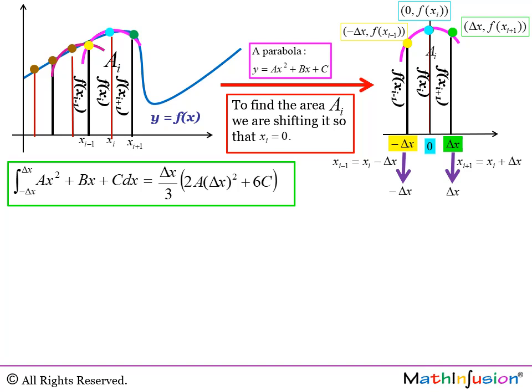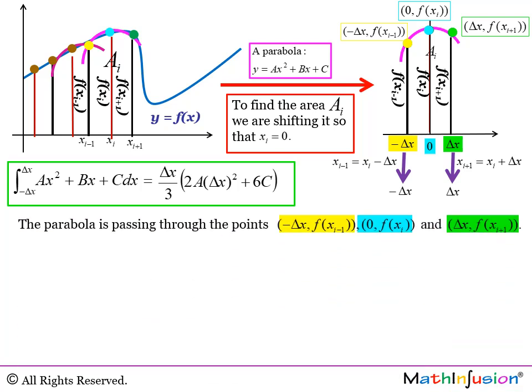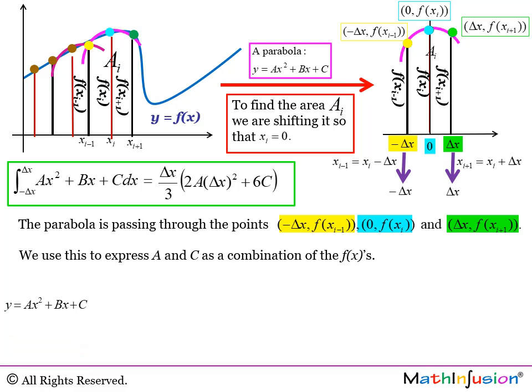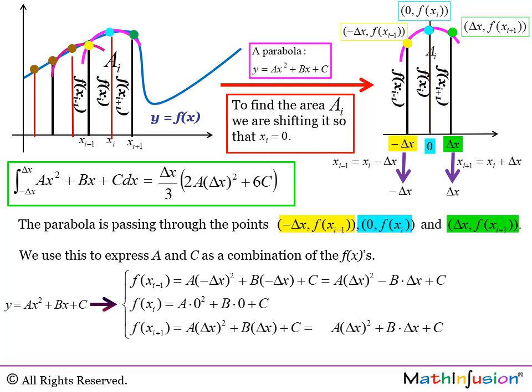We are going to use this to find the equation of the parabola. We know that the parabola is passing through the 3 points above. So now we are going to substitute this in here. First we substitute f of xi minus 1 for y, and then x has to be negative delta x. Then, for f of xi, x equals 0.